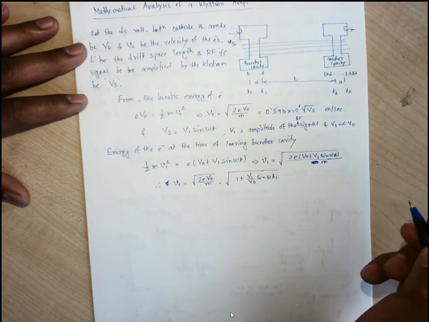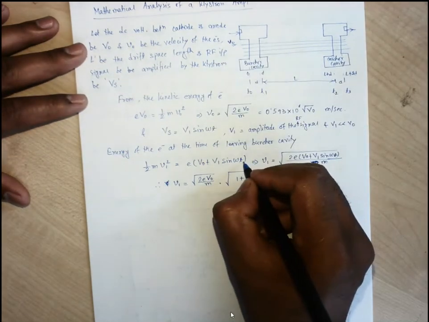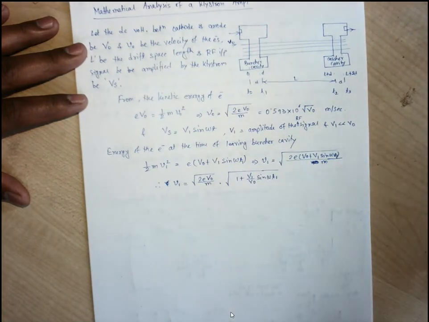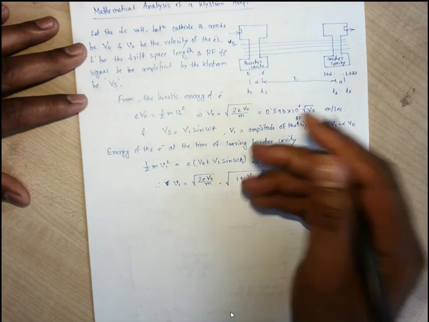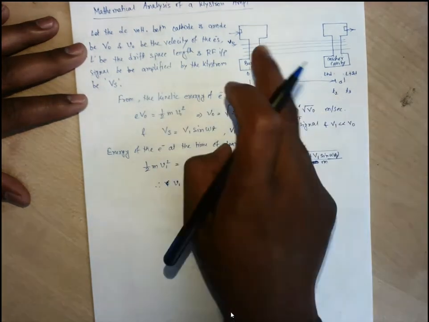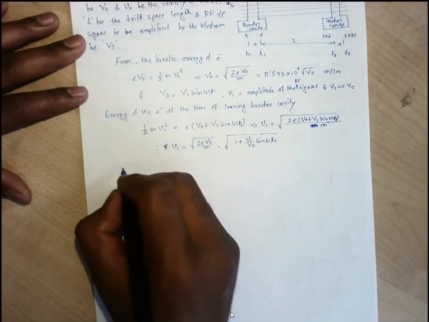Why is it T1? Because at T1 it comes out of the Buncher cavity. So we need to put it as T1. At that time the electrons are coming out of that Buncher cavity and it has already interacted.